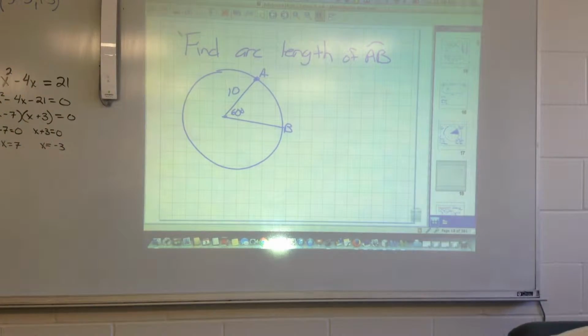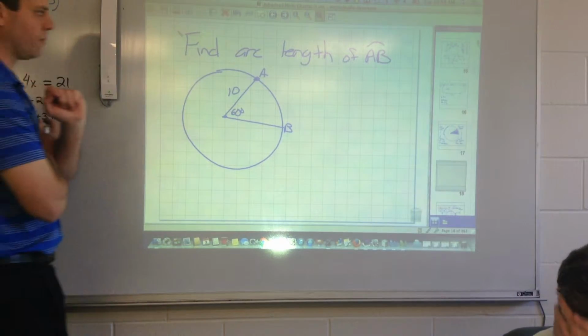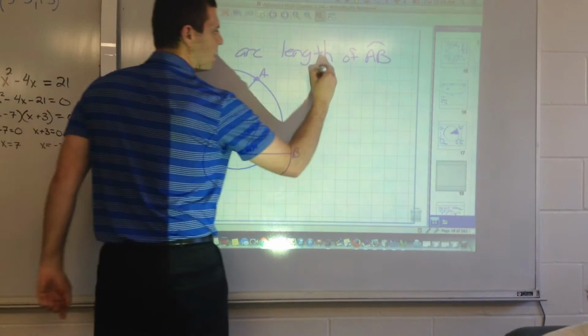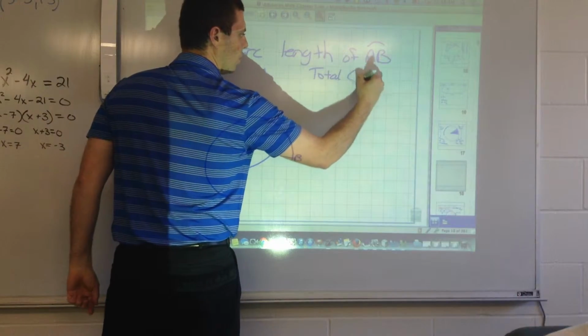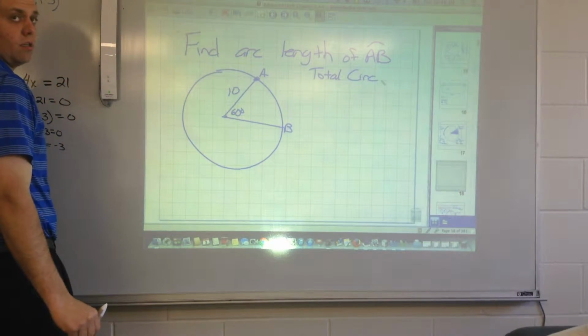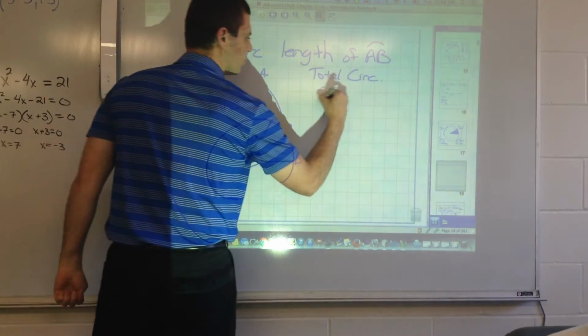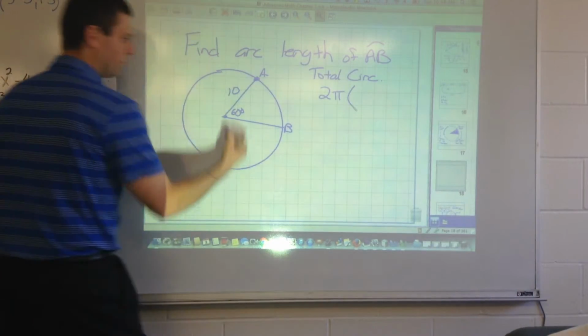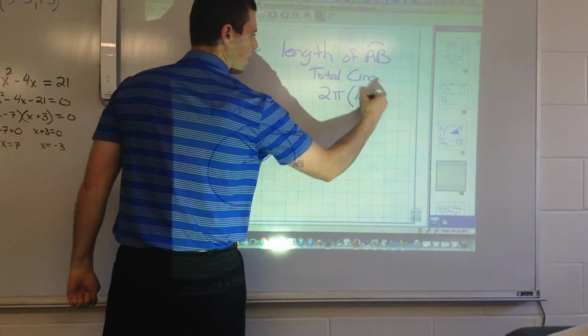What do you think we need to do? Find the whole circumference. I think that's a great idea. Let's find the total circumference first. How do we find total circumference? 2 pi r. So 2 times pi times 10, right?